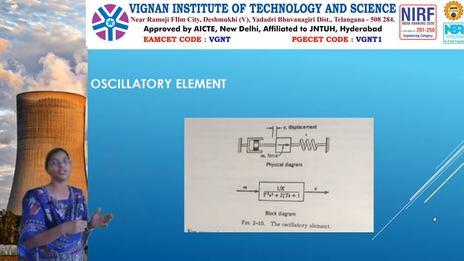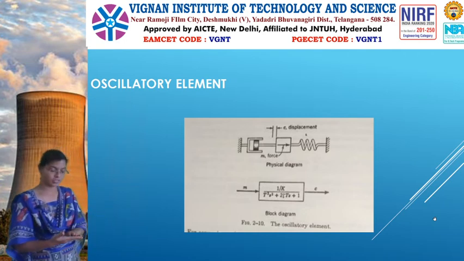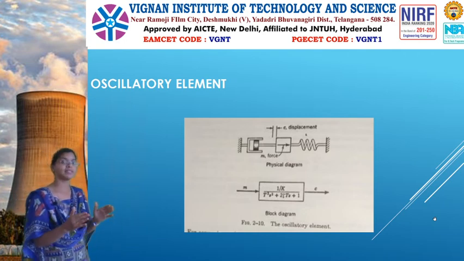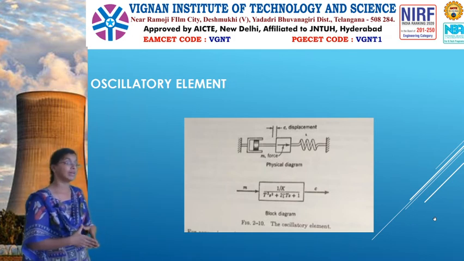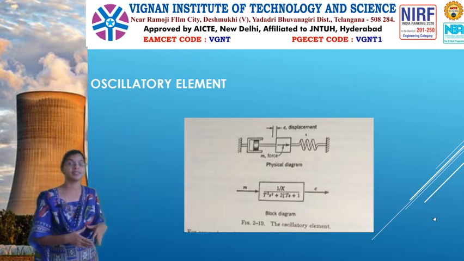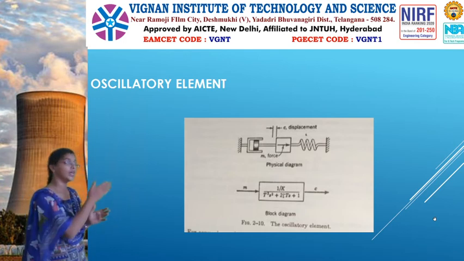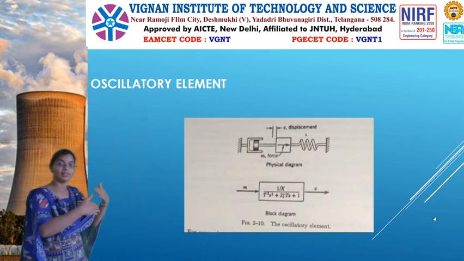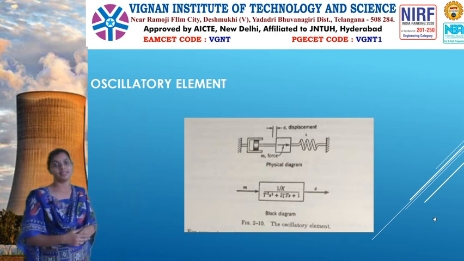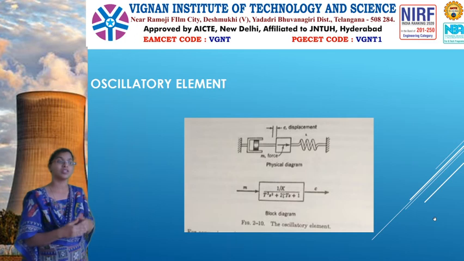Whenever you have a second order system, so if a construction is having a second order system, that will produce oscillations. We have different types of responses: overdamped system, underdamped system, critically damped system or undamped system. Wherever oscillations are produced, it is related to that.